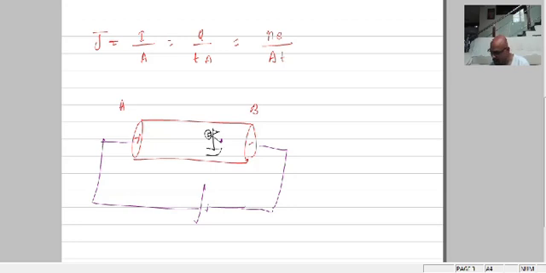So the electron which was here earlier, to move from, say, point P to point Q, would have suffered 1000 collisions. Just to move from P to Q, it would have suffered 1000 collisions. So what will happen?